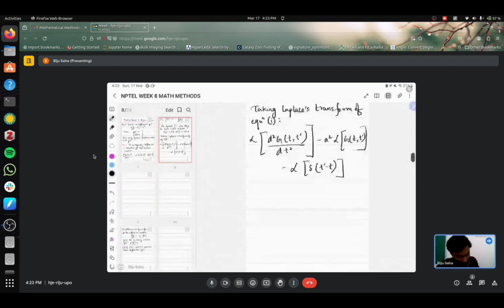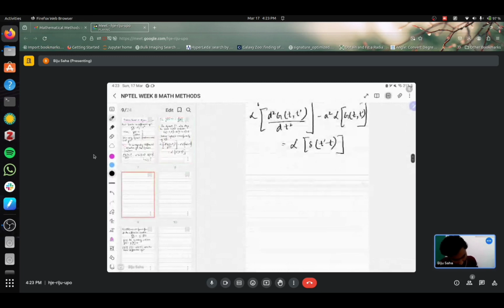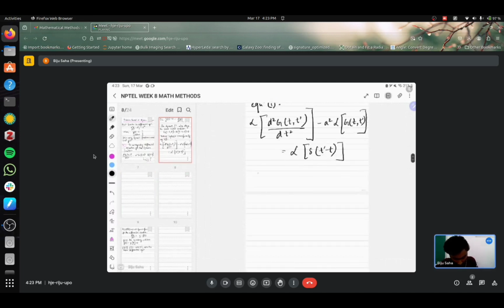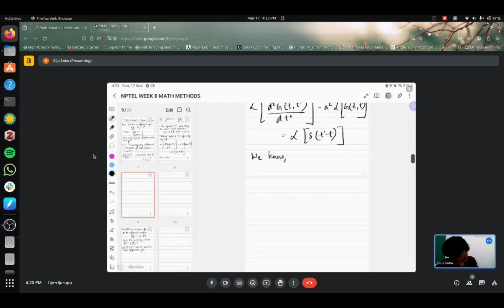We have taken the Laplace transform on both sides. From the previous class, where I discussed the Laplace transform of a derivative of a function, we know that the Laplace transform of the derivative of any function is given by this particular equation.